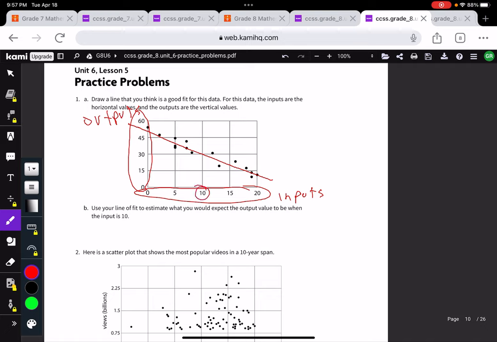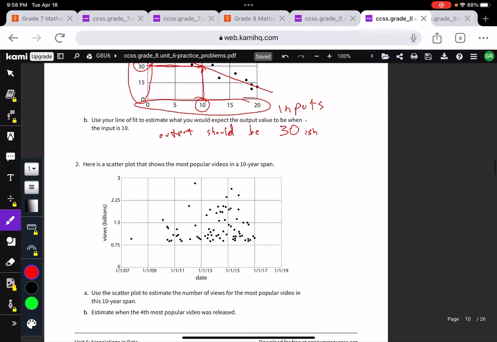So when the input is 10, my line tells me the output should be 30. Roughly. Maybe your line's different. Maybe you said 32, or maybe your line's down here and you said 28. Output should be, I'll say 30-ish.